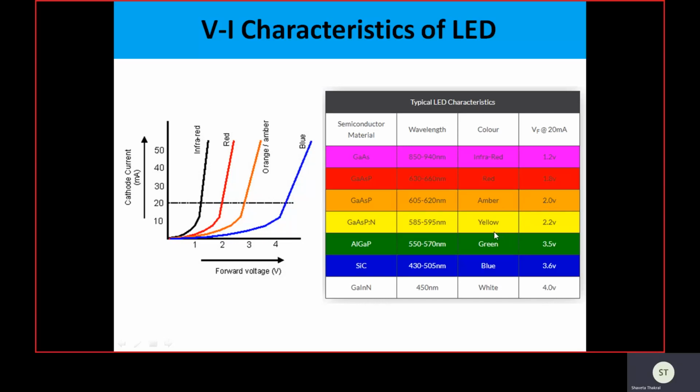Then for yellow color, a gallium arsenide phosphide with nitride combination is used. For green color, aluminium gallium phosphide is used, for blue color silicon carbide is used, and for white color gallium indium nitride material is used. So with the different colors we can produce different types of light in the LED.